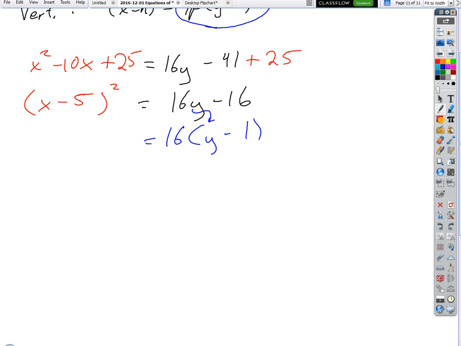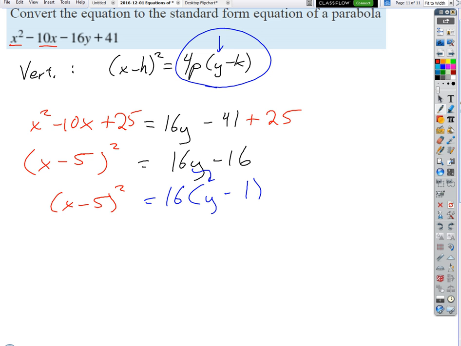Now we could write this if we wanted to as 4 times 4, but that's okay. I'll show you why. If we leave it like this, can we look at this and extract the values of h and k and p? We can, can't we? What's h, k?